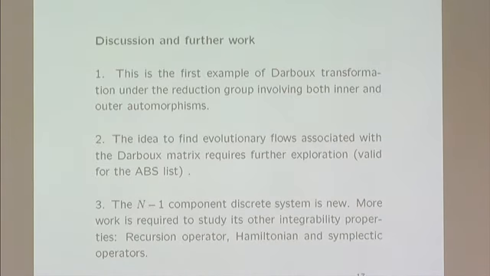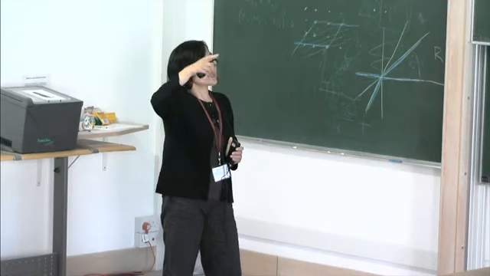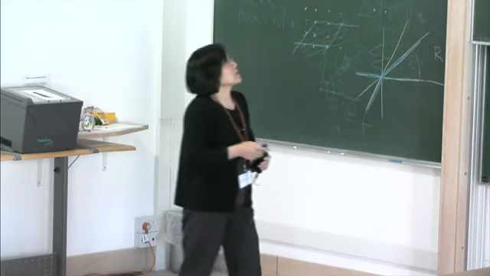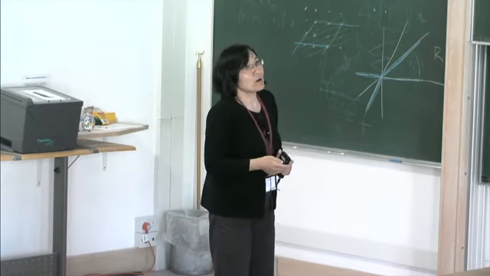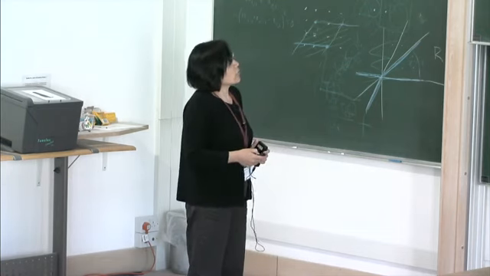So let's see what is going on. That is the first example, in which your double transformation is on the reduction group involving both inner and outer automorphisms. Because if you go back, we also did minus Q, this A transpose, that is an outer automorphism for your Lie algebra.